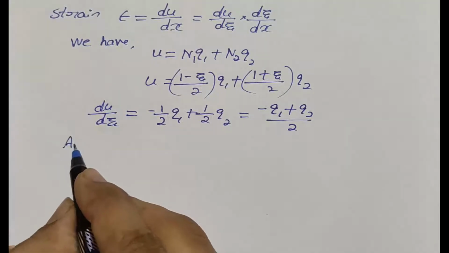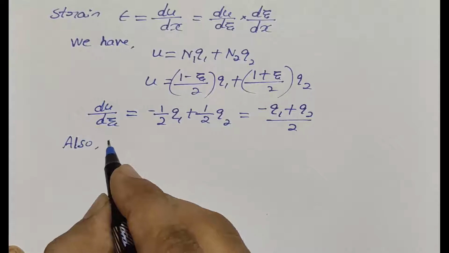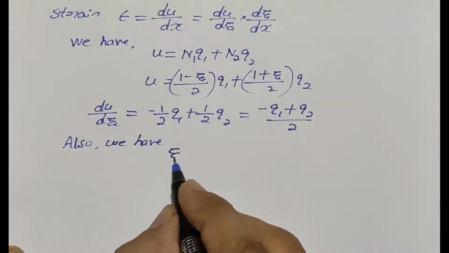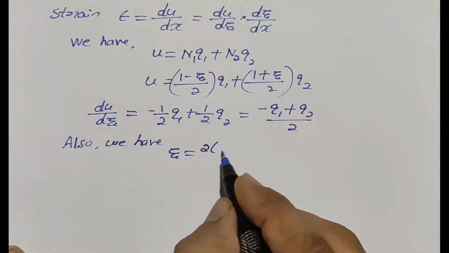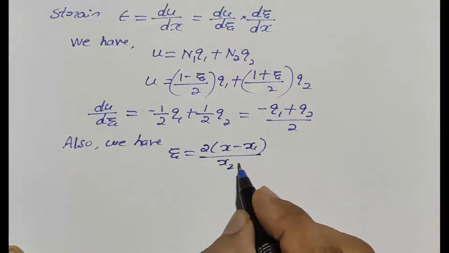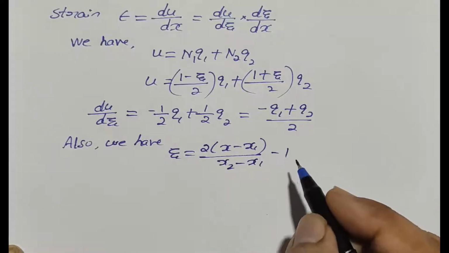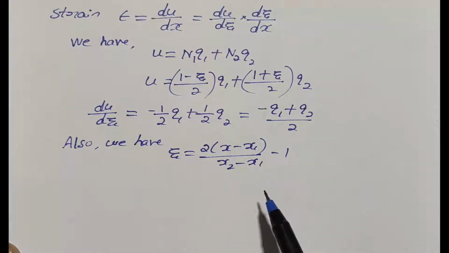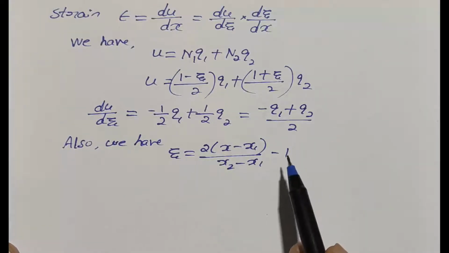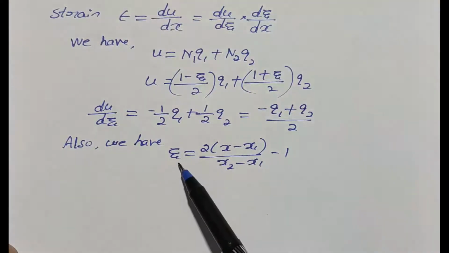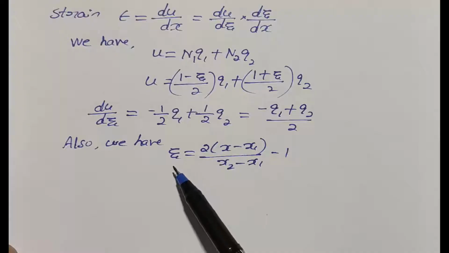See, also we have zeta is equal to 2 into x minus x1 by x2 minus x1 minus 1. This is the relationship between Cartesian and natural coordinate. This equation we have already derived. Here we need d zeta by dx, means you have to differentiate this zeta with respect to x.